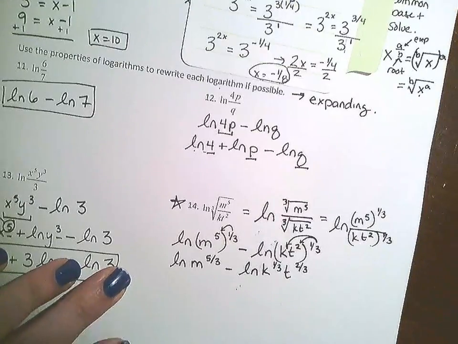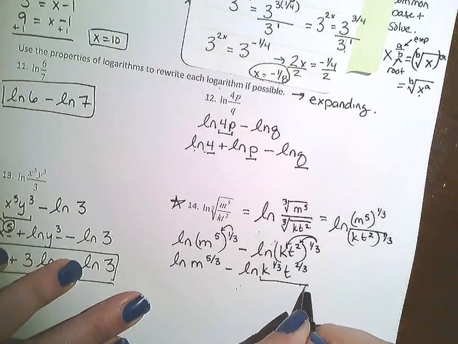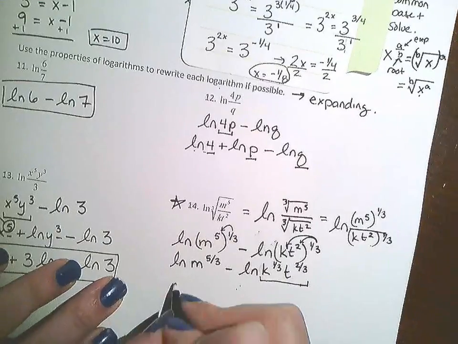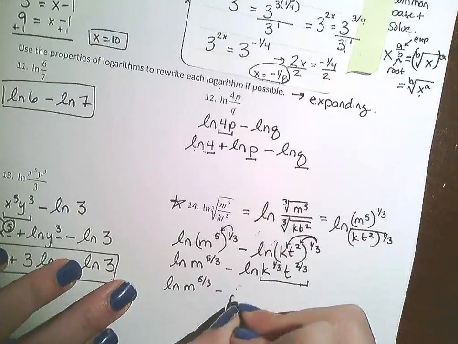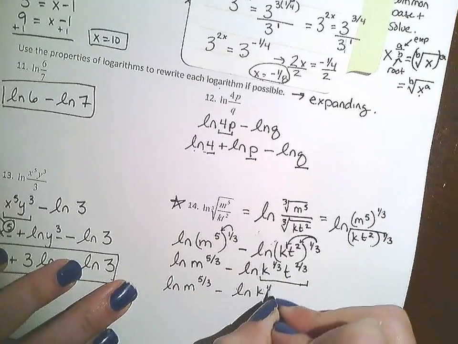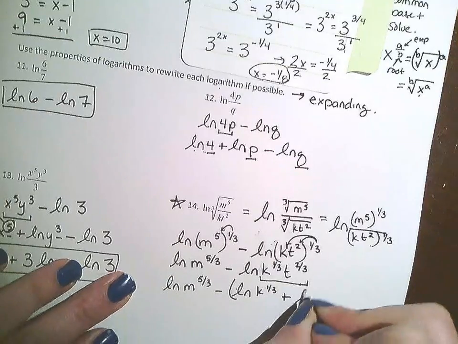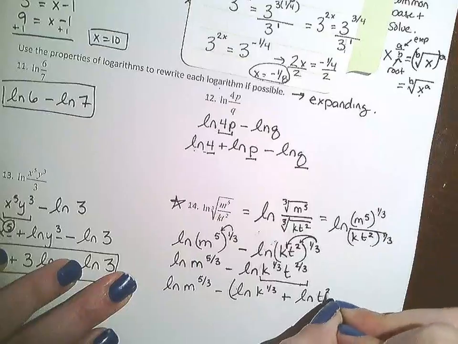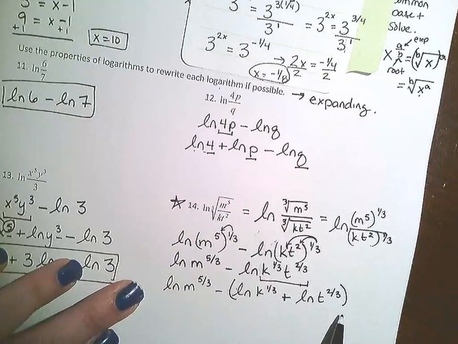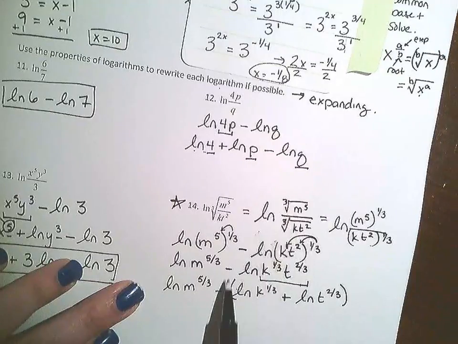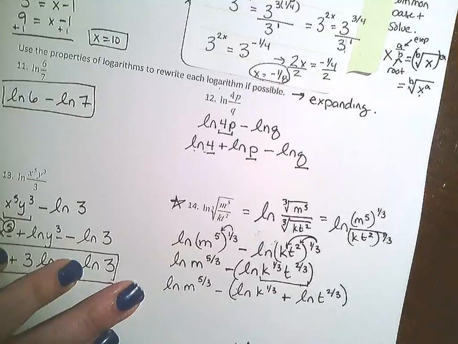And now I'm going to continue. Before I do the power property though, I want to break up these things that are being multiplied. So ln m to the 5/3 minus ln k to the 1/3 plus ln of t to the 2/3. Now you notice I put a parenthesis around this because when I broke this up, that negative does belong to this whole entire thing.